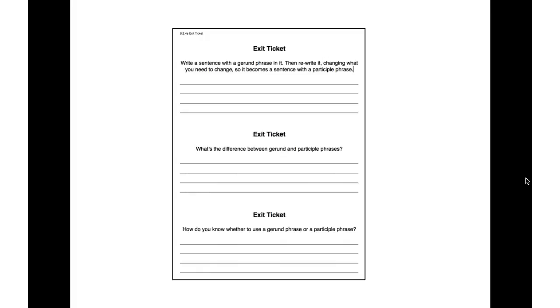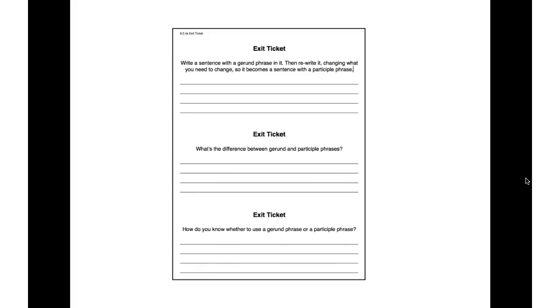Here's another example. This is taken from an 8th grade unit as well, but it is representative of the types of things you'll see in all grade levels and all units. I don't do this with all exit tickets, but here's an example of an exit ticket where each question is differentiated.